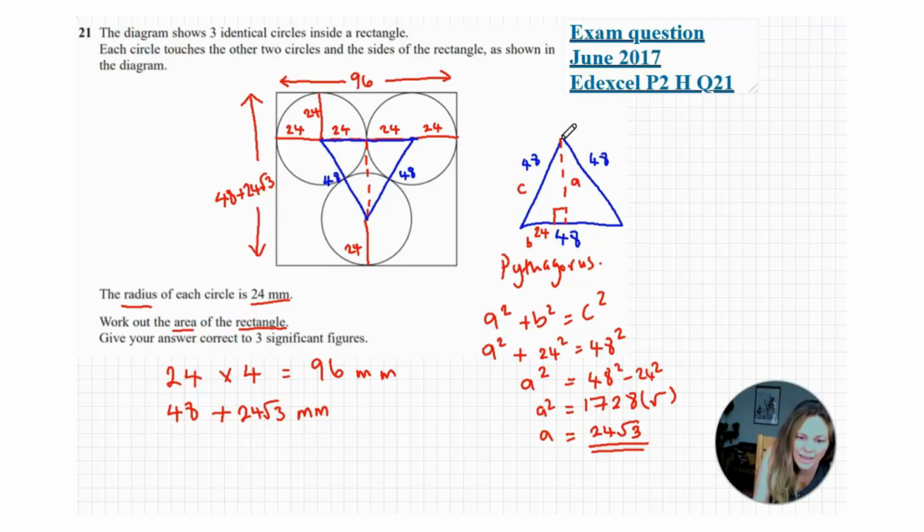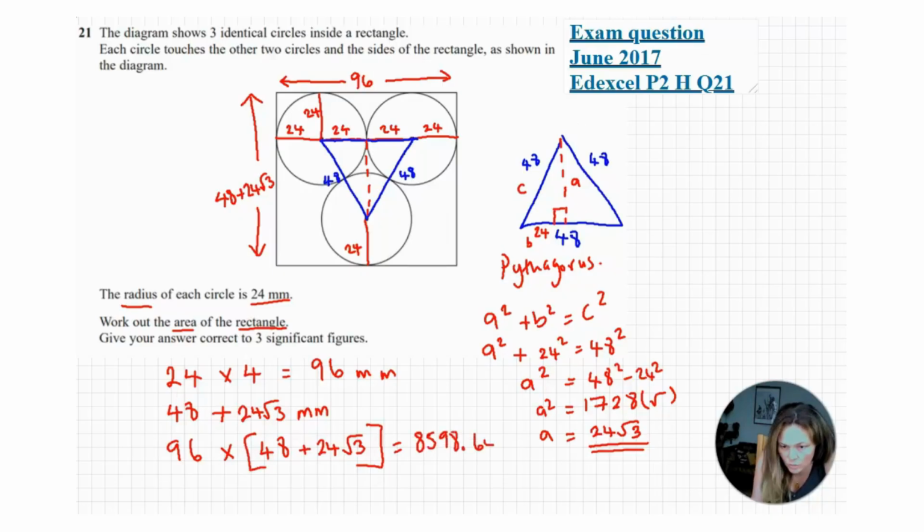Now, to find the area of the rectangle, we're just timesing these together. Calculator is going to do that for us. So putting it all in, making sure that your calculator gets it right. And if you need to, you know, bracket this bit. So it gives you 8598.645 and lots of other decimals.